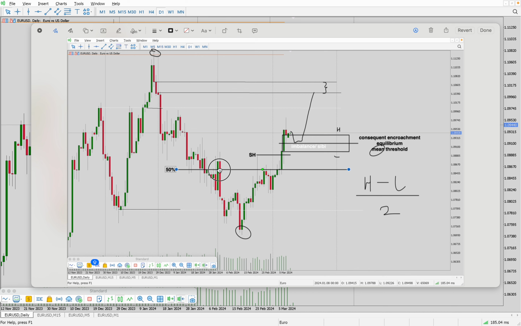Hence why I am referring to the Fibonacci, which is lying just near or above the consequent encroachment, the mean threshold.